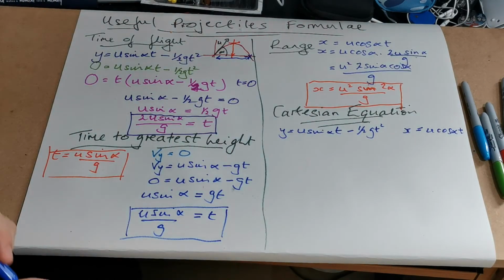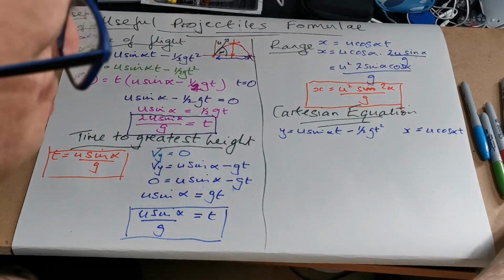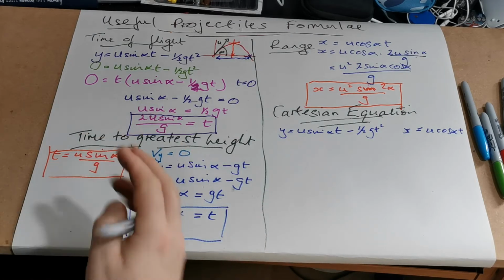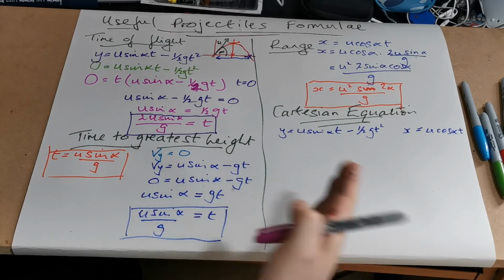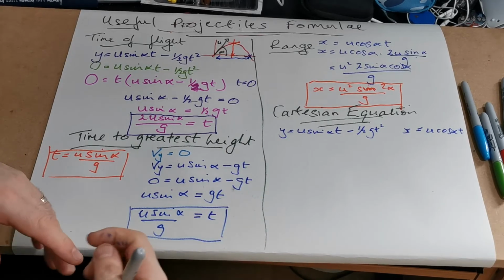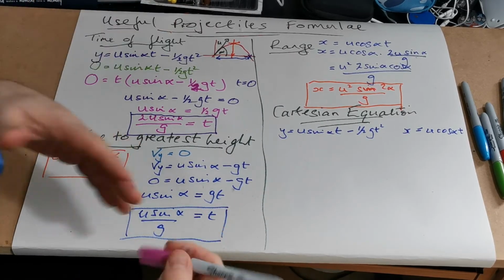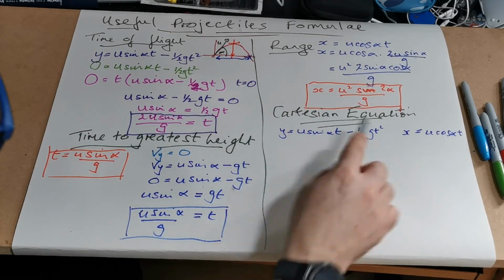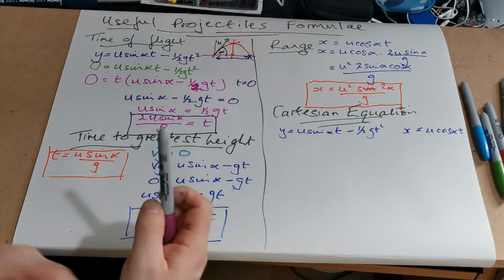Now when we've done Cartesian equations, when we were studying our parametric equations, we've looked to eliminate one variable. Now really the parameter within this is time, because both things are based on time changing. U and alpha are constants, g is a constant, but time changes throughout.